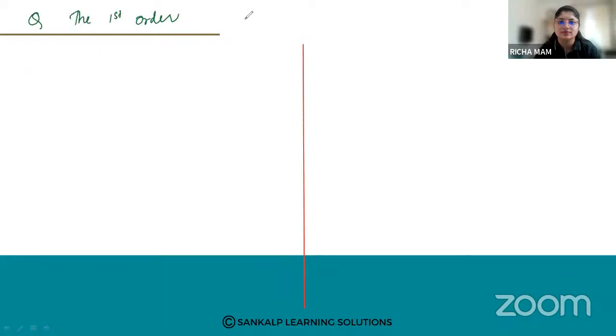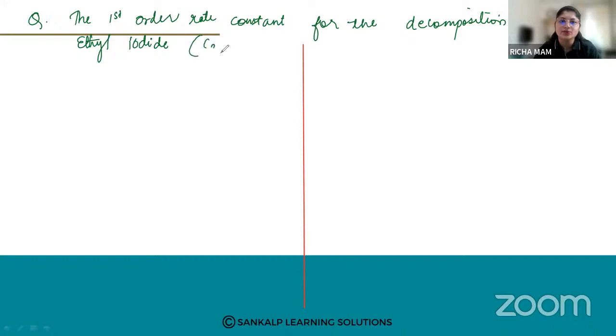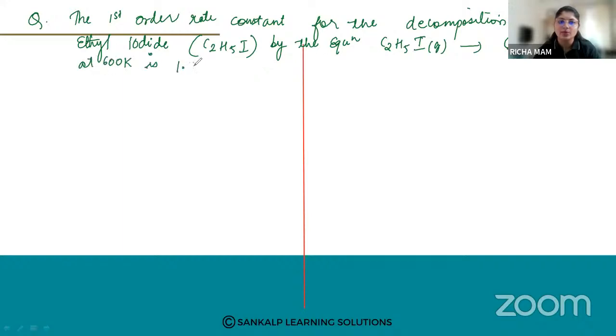The first order rate constant for the decomposition of ethyl iodide, C2H5I gaseous, giving C2H4 plus HI gaseous, at 600 Kelvin is 1.6 into 10 raised to minus 5 per second.